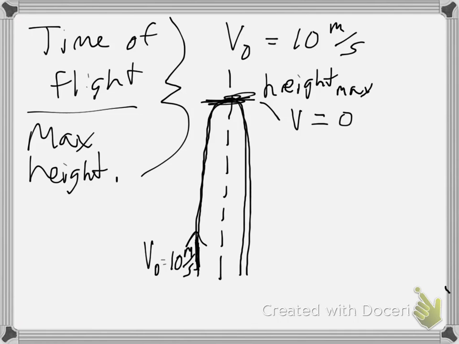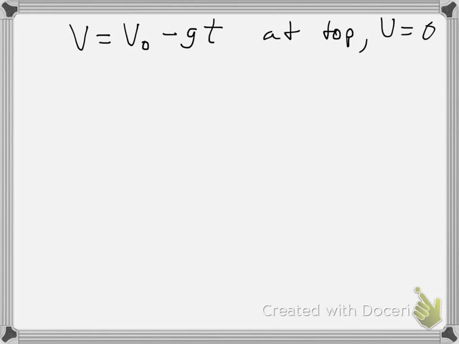So if I go back to my equation, v equals v naught minus gt, at the top I know that my velocity is going to be 0.